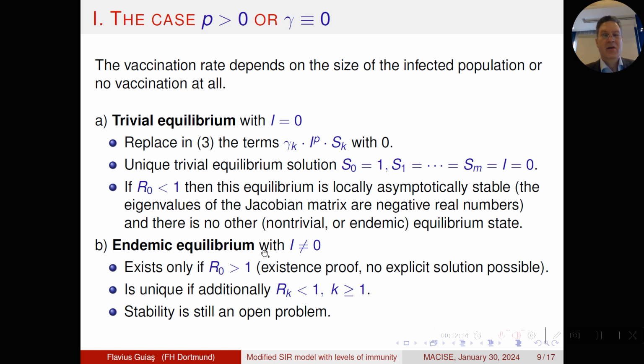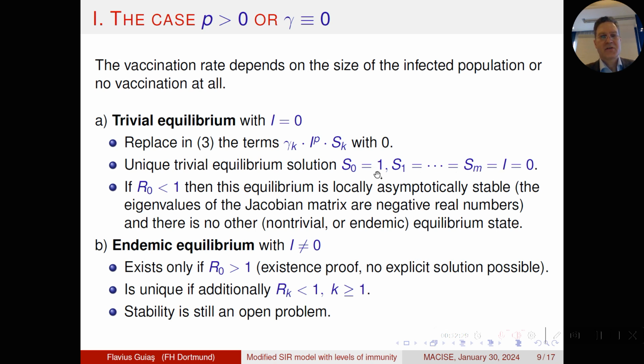Then we have also an endemic equilibrium, and endemic equilibrium means that we have an equilibrium where the size of the infected population is not 0. We have a constant value of the density of the infected individuals. We can prove the existence of this equilibrium, but it's not explicit.